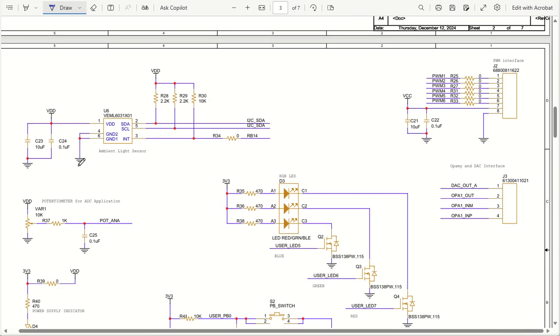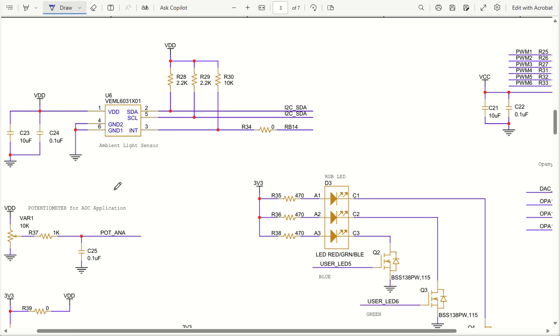Similar to that, one more ambient light sensor has been used with I2C interface. This is a VEML6031X01, from Vishay Semiconductor. This is the IC that has been used for your ambient light sensor measurement, and it has an I2C interface.